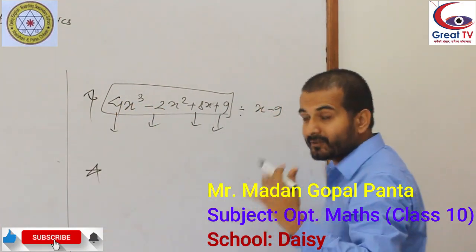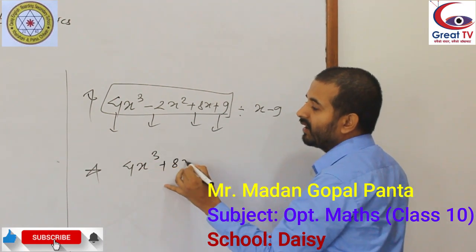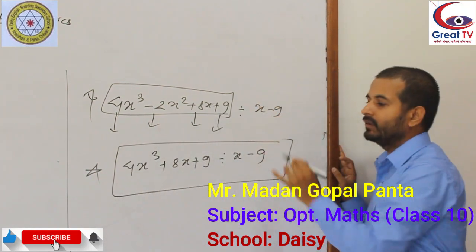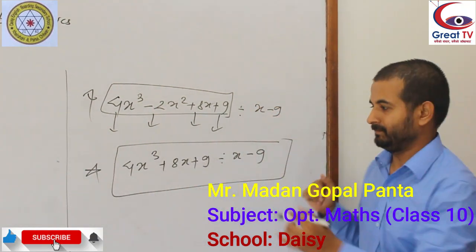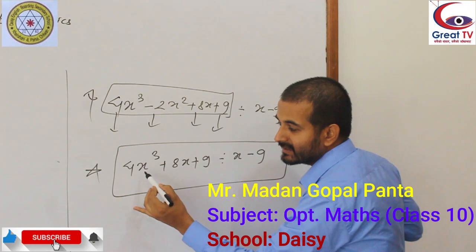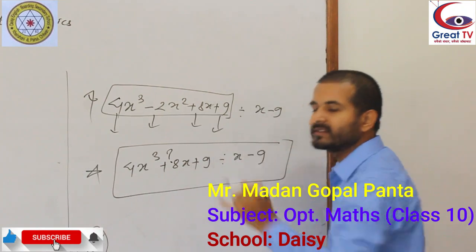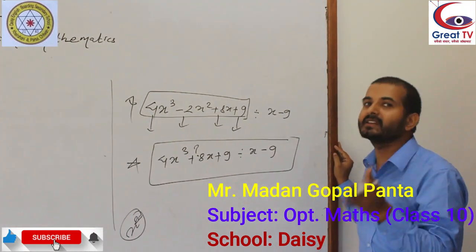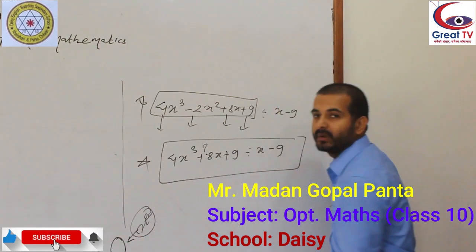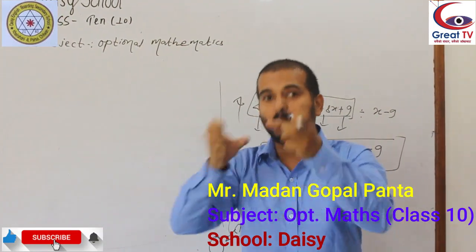But if a sequence is missing, as in another question where x cubed is followed by no x squared part, then in such a case you have to take the coefficient as 0 in synthetic division, because this is a division process by taking the coefficients.